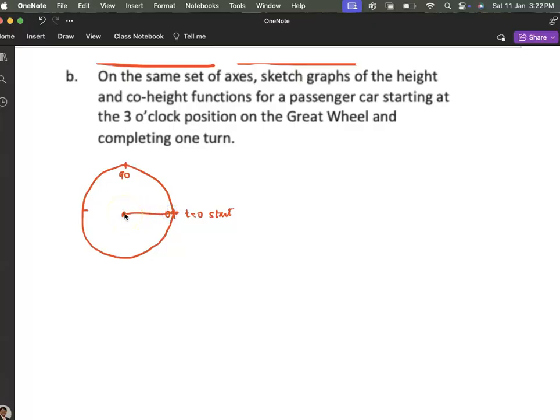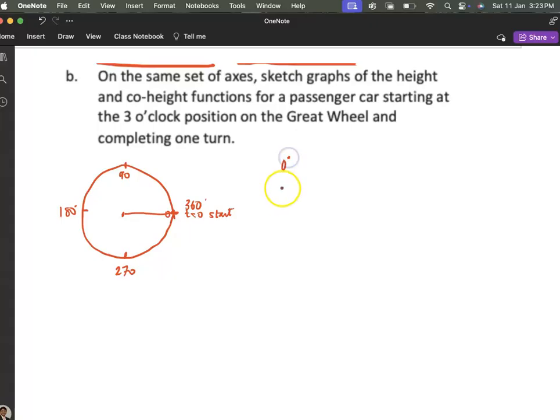Imagine this is opening up. So it'd be 90, 180, then 270, 360.